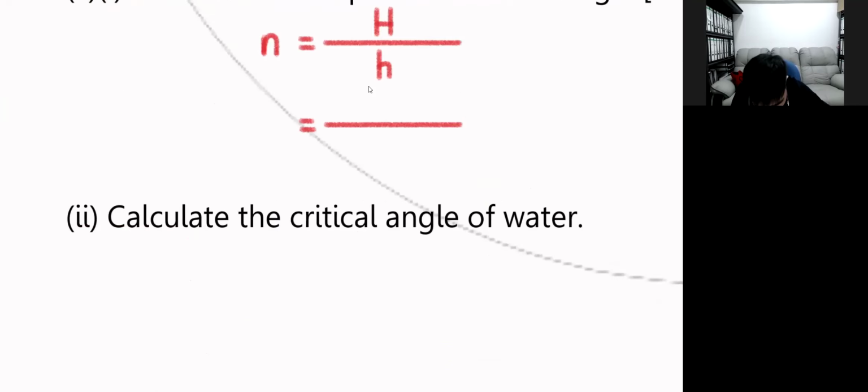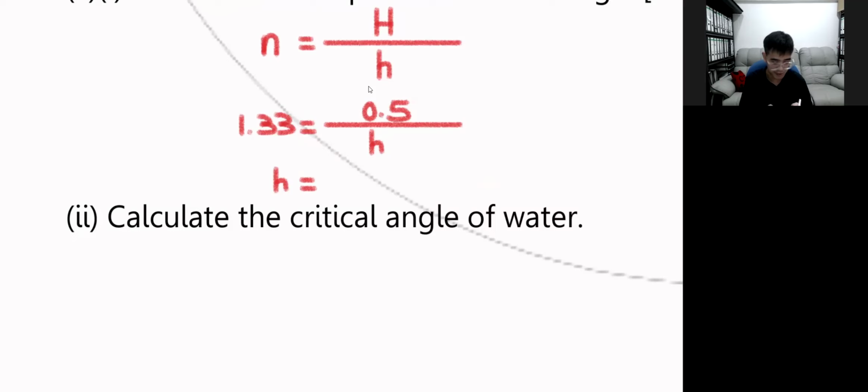The real fish is 0.5 under the surface of the water. The capital letter H means the real depth, while the small letter h is the apparent depth, the depth that the image of the fish appears to be. So using 0.5 divided by 1.33, you will get the depth of the image of the fish.